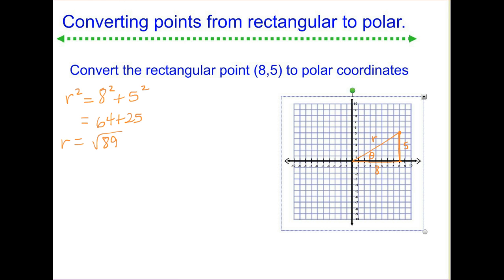All right, now to find the theta, I'm just going to notice that I can do a tangent inverse of the opposite over the adjacent. And if I put that on my calculator, 5 divided by 8, I get 32 degrees.